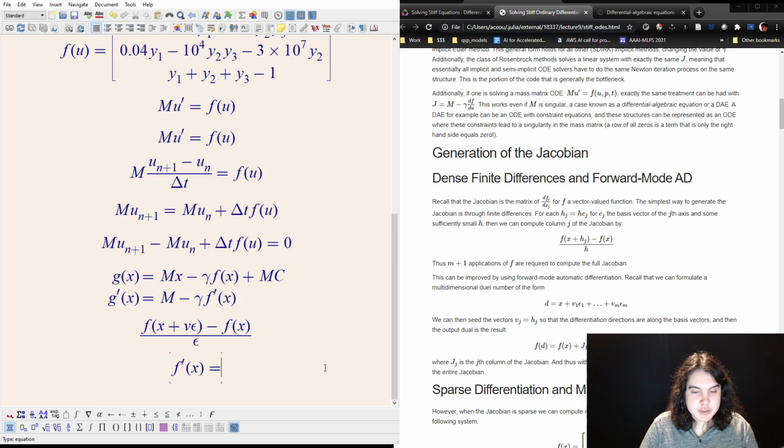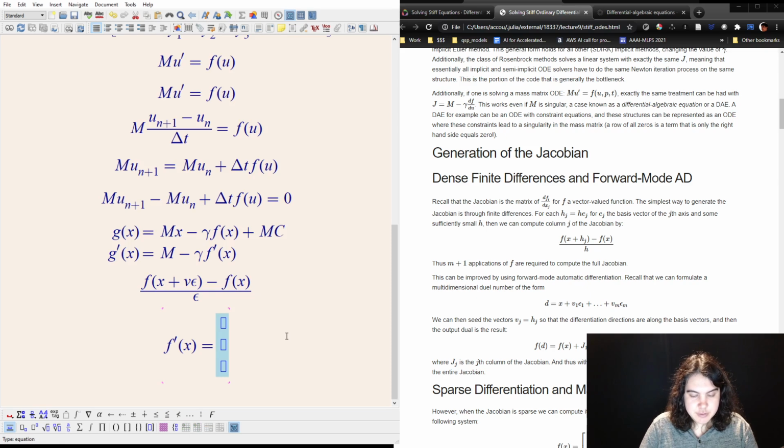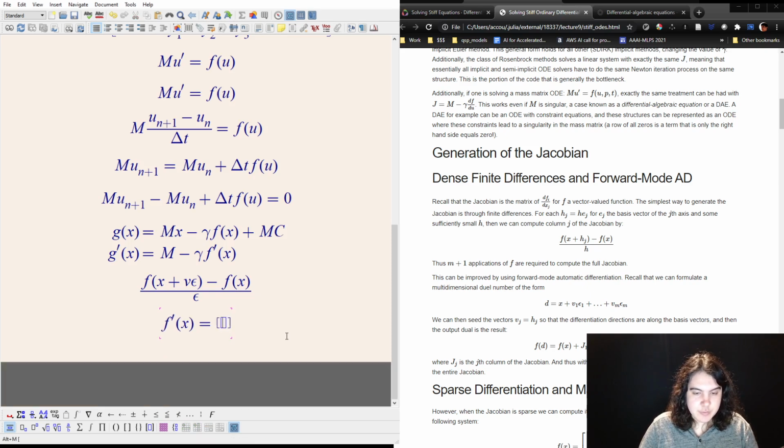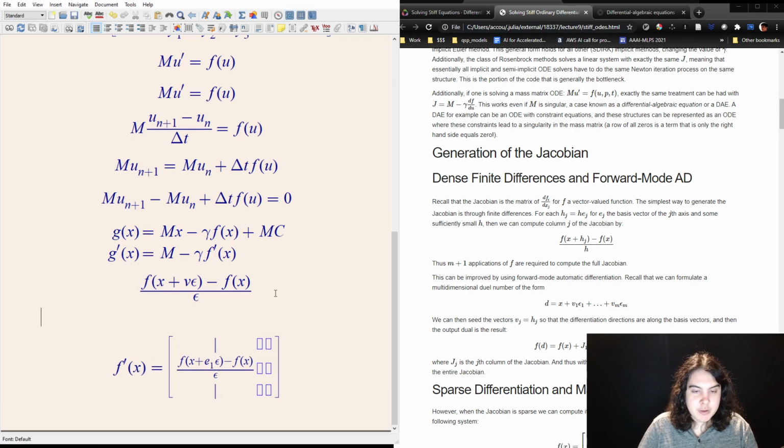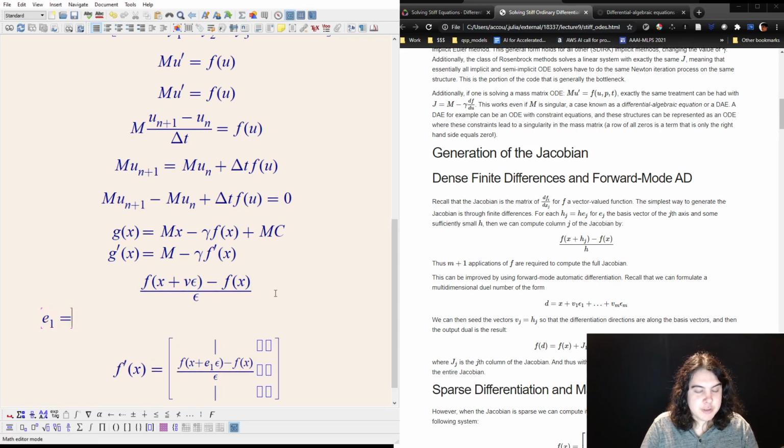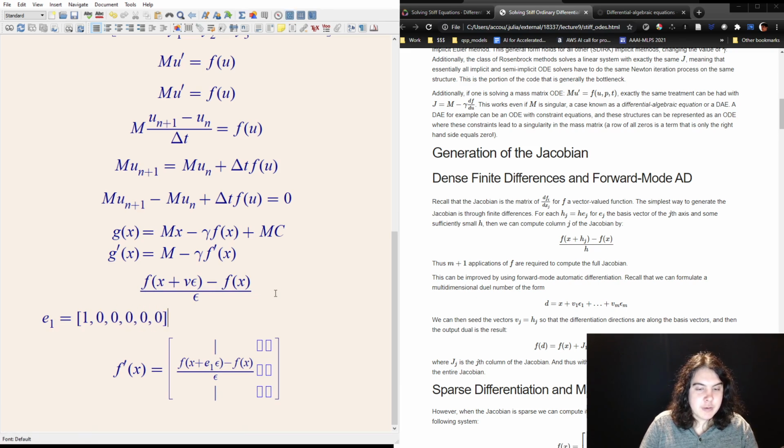this is a matrix where the way to calculate it is, let me change this around a little bit. The way to calculate this is to just say, this term right here, this whole column, is just going to be E1, where E1 is the vector 1, 0, 0, 0, 0, 0.